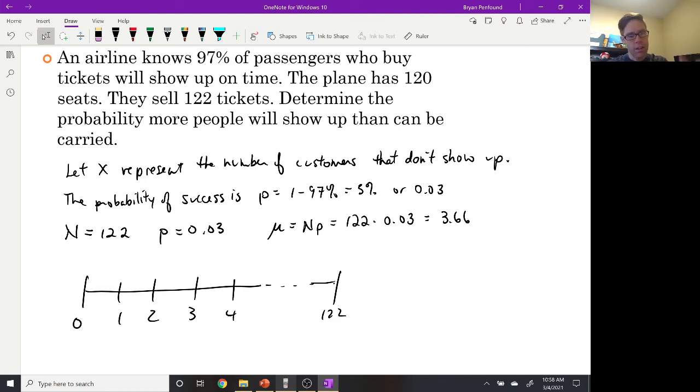So if x is equal to 0, that means 0 customers don't show up, or every single customer has shown up. So that would be a failure with regards to the airline, right?